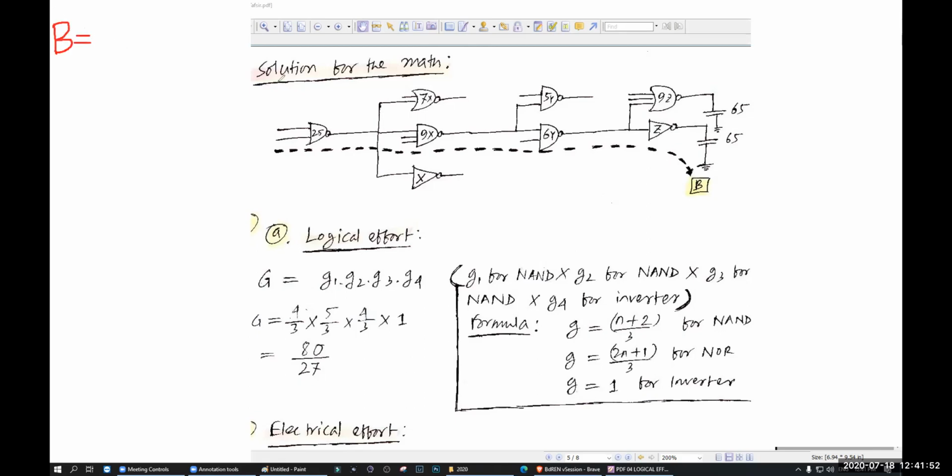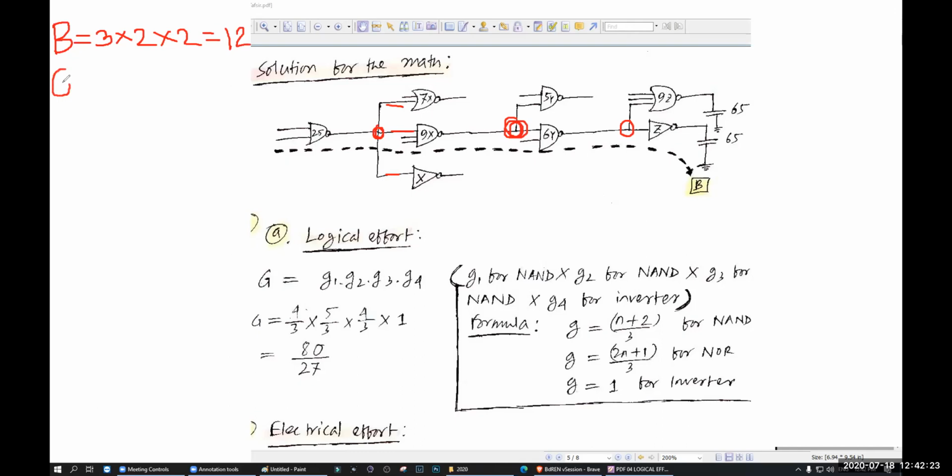B1, B2, B3, B4, right? So here, how many branches do you have? At this point, you have 3 branches, right? 1, 2, 3. So I'm going to write 3 here. How many branches do you have? 2. I'm going to write 2. Here, how many branches do you have? 2. I'm going to write 2. So how much? 3 into 2 into 2? 12, right? Yes. That is your B.